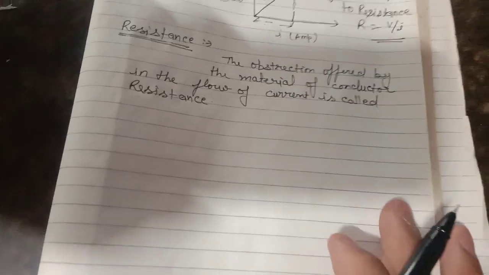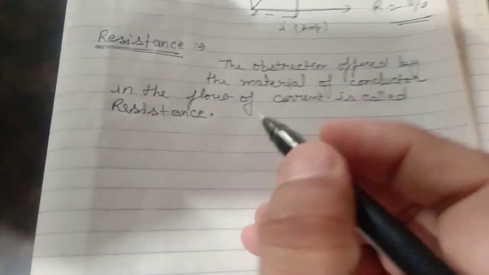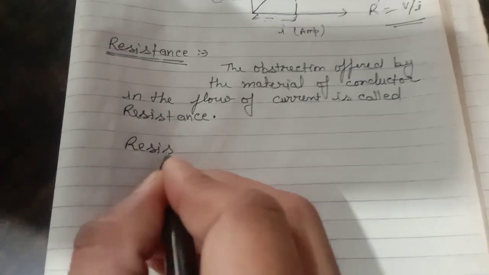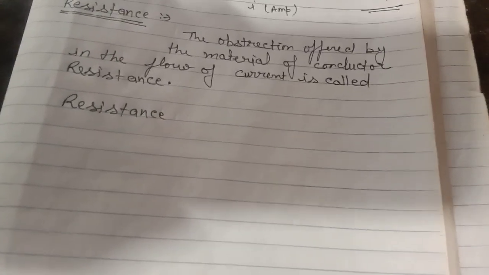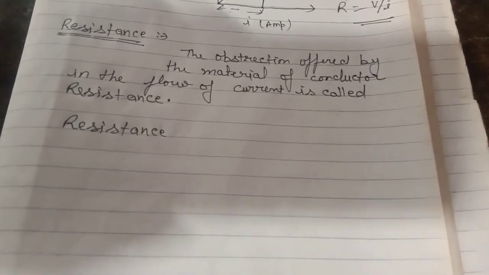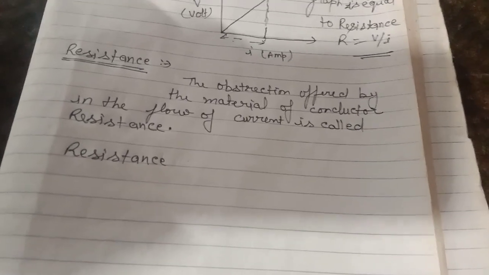Obstruction means opposition. Suppose you have gone to a fair and the whole mass is coming out of a small gate.